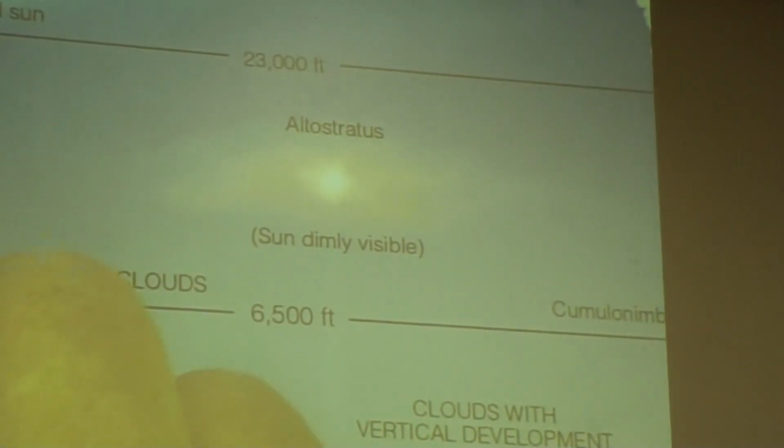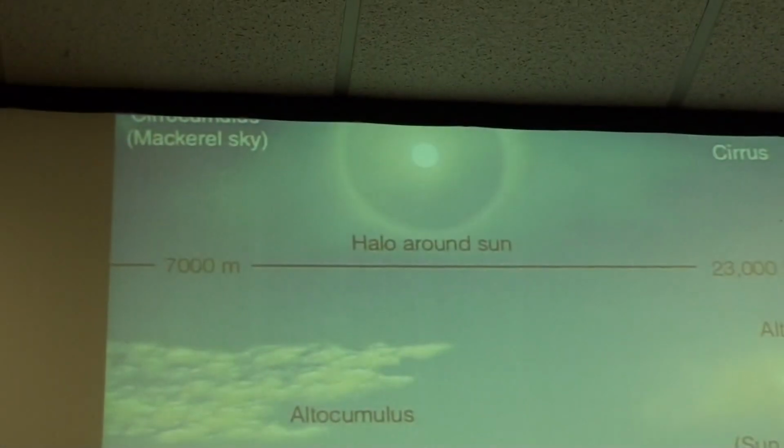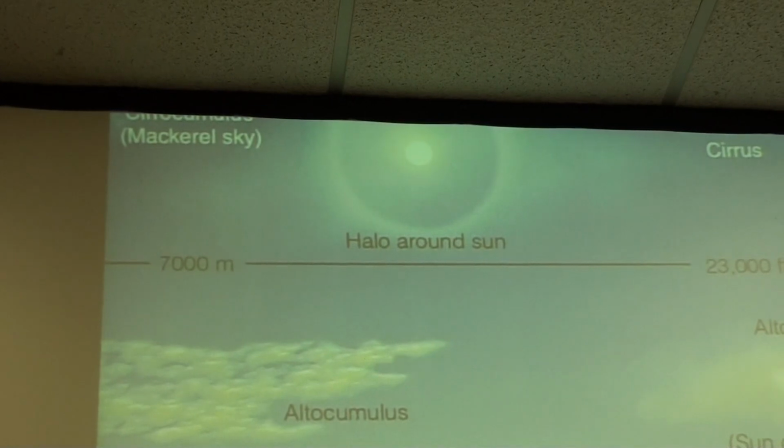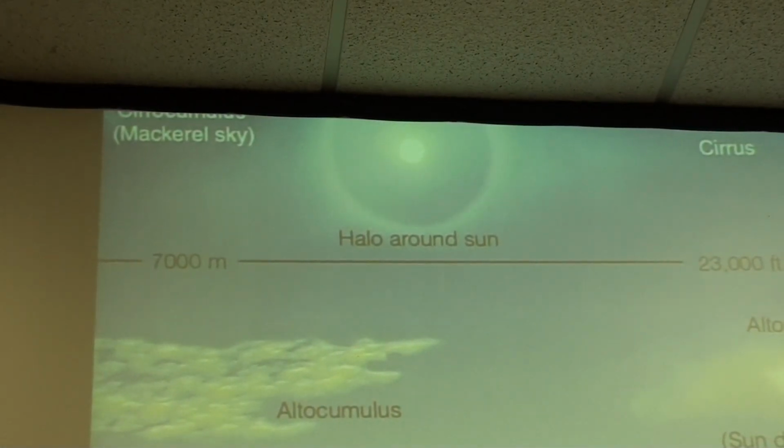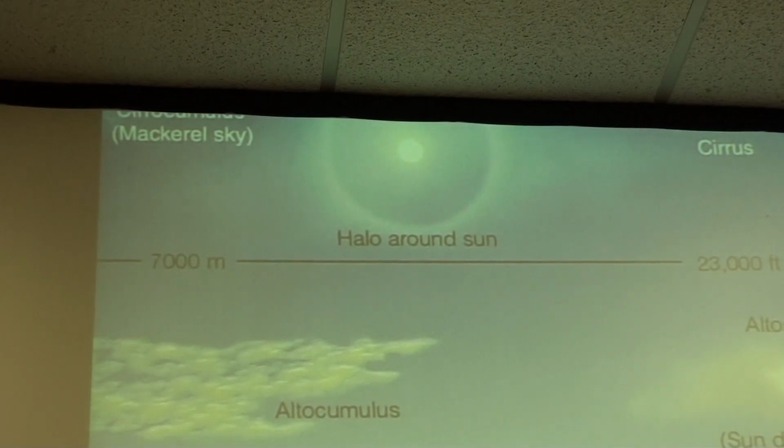But then finally, when we get to the upper atmosphere, we have the cirrus clouds. So these are like stratus clouds that are really thinned out.